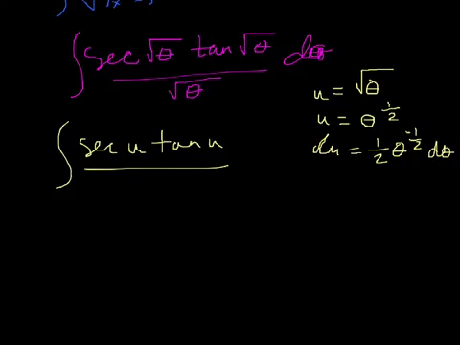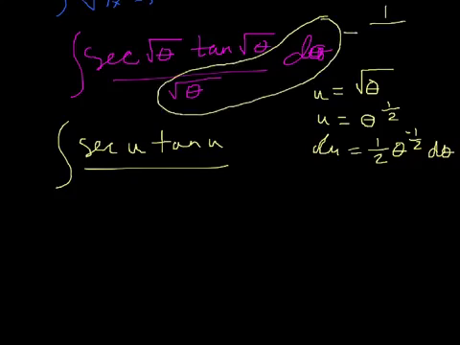So here's what's left that I have to substitute for. That's 1 over the square root of theta d theta. If I write that a different way, that's theta to the -1/2 d theta. And if you look down here, that's exactly what I have: theta to the negative 1/2 d theta. So all I need to do is get rid of that 1/2.